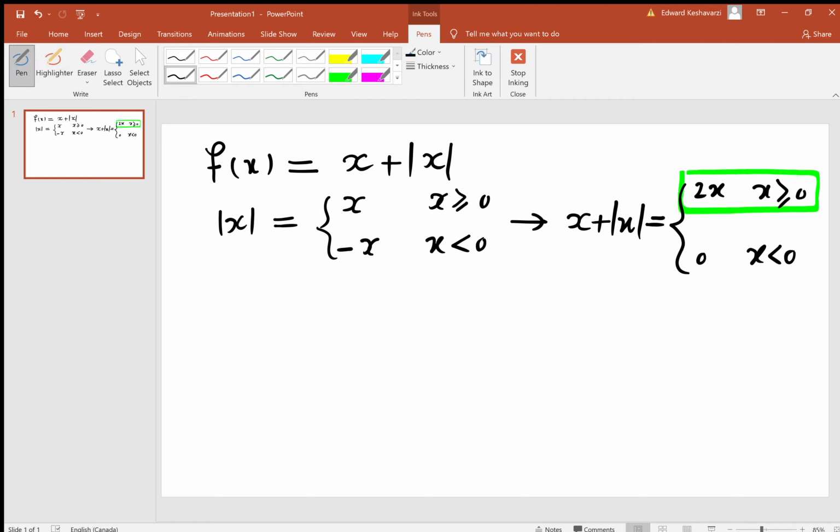Now, just focus on this green row. I'm going to write it here. Y equals 2x, and this is the restriction associated to that. And now I need to sketch this one.